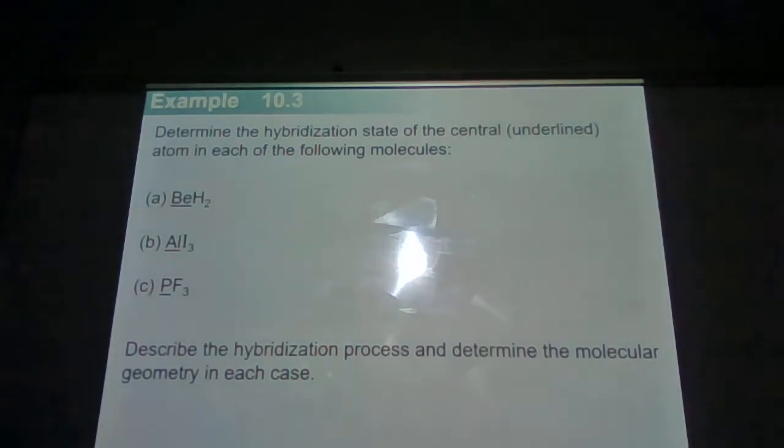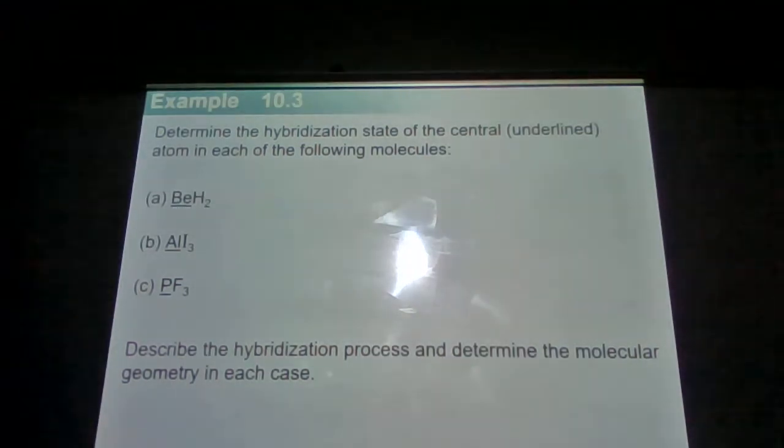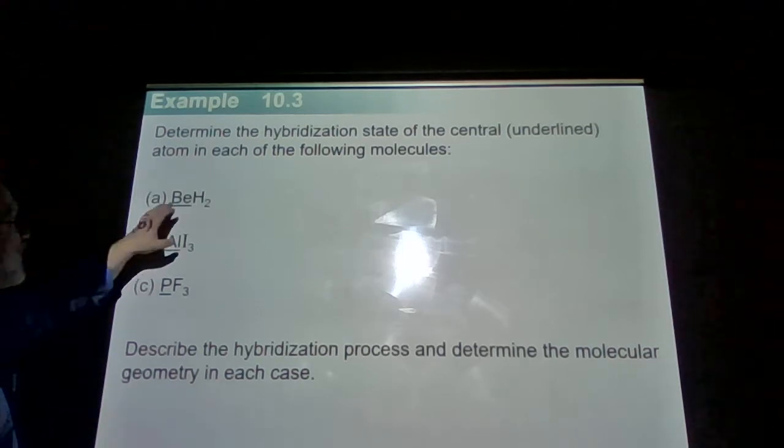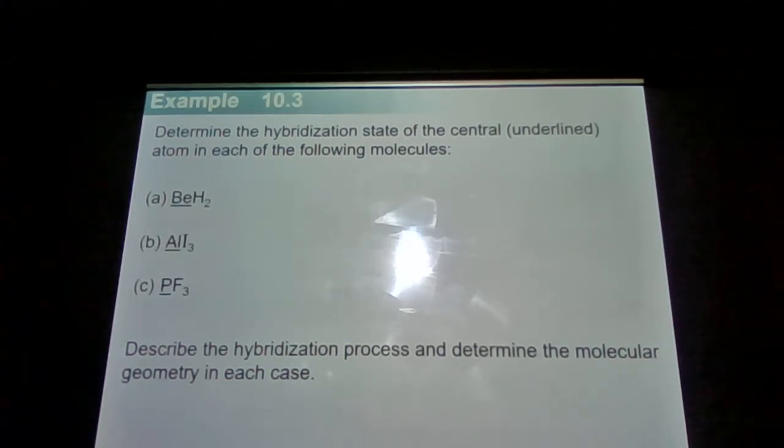Determine the hybridization state of the center underlined atom in each of the following molecules. BeH2. Well, draw the Lewis dot structure. How many total valence electrons? 4 from beryllium, 2 from hydrogen. How many bonds does hydrogen form? 1.